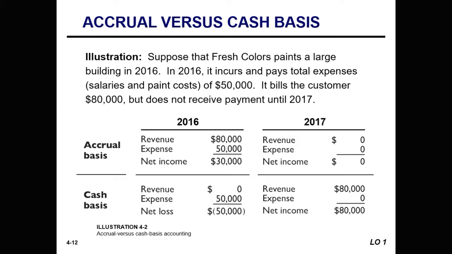Part of the thing that happens when you are in cash basis is that you are going to have these outliers. You put in a lot of effort, you expend a lot of monies, you have a lot of expenses associated with a project, but because you don't get paid until the next accounting period, it actually looks more poor for the organization in the first period.